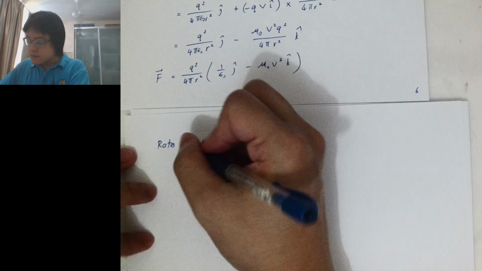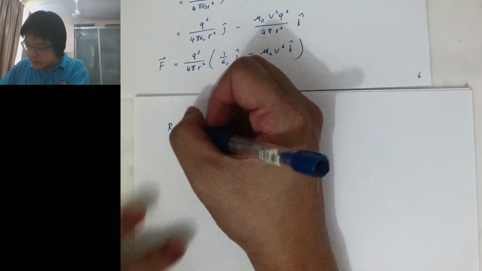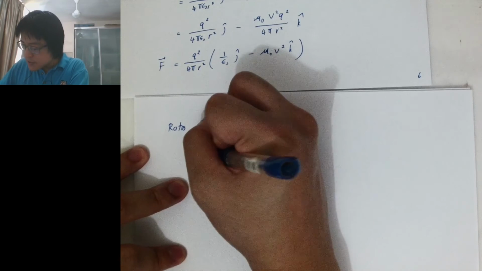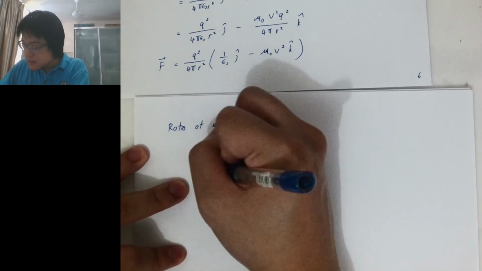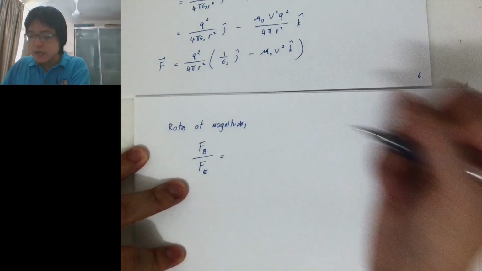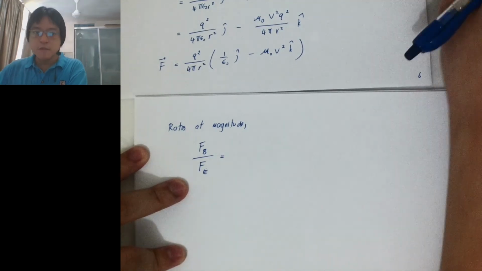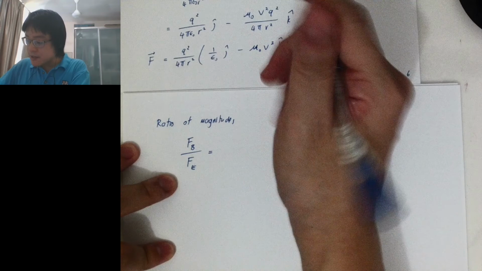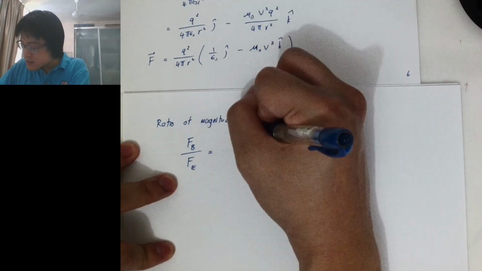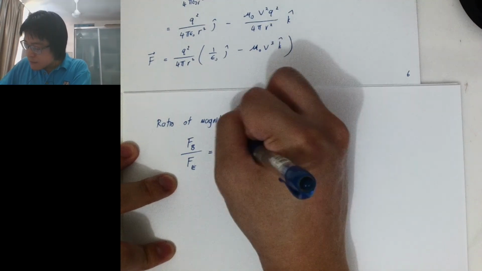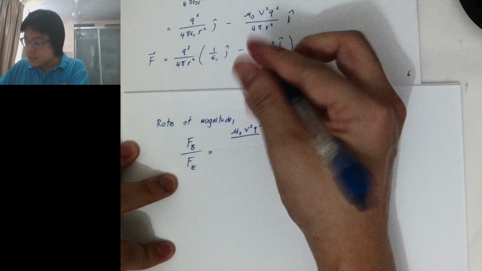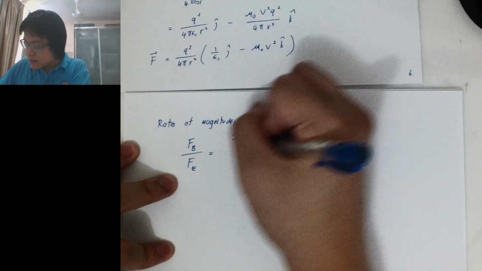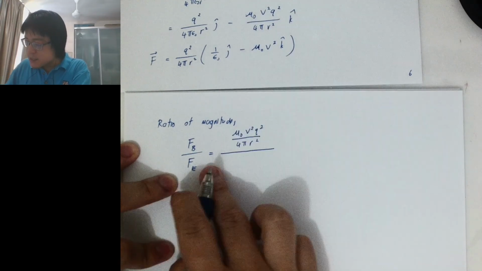Okay, so let's put what is the magnitude of magnetic force divided by the magnitude of the electric force. We will get something interesting as you will see later. So the magnetic force, let me just copy everything down and then we slowly simplify later. So the magnitude of this force is just mu over 4 pi r square, right? And then I'm dividing by the electric force, which is just Coulomb's law.